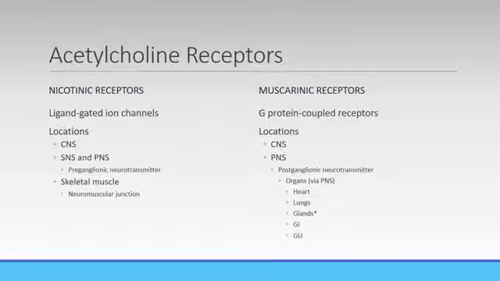Here's another slide that kind of highlights the two different types of acetylcholine receptors. We've got the nicotinic on the left and the muscarinic on the right. If we look at the nicotinic receptor, these are ligand-gated ion channels. And where they're found, once again, is within the central nervous system, both within the sympathetic and parasympathetic nervous systems, specifically at that synapse between the preganglionic and postganglionic fibers. And then it's also found in the skeletal muscle at the neuromuscular junction.